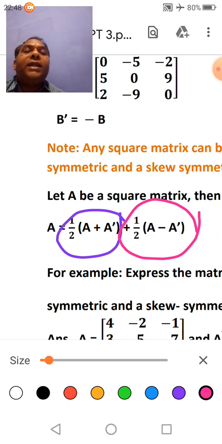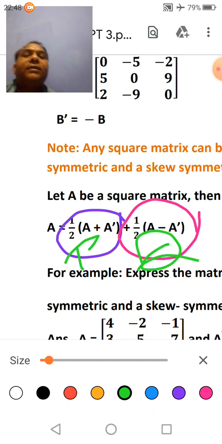And you have to let half of A plus A dash be equal to P and half of A minus A dash be equal to Q. Clear? And then P dash will be equal to P and Q dash will be equal to minus Q. So we can say that P is a symmetric matrix and Q is a skew symmetric matrix. Clear?